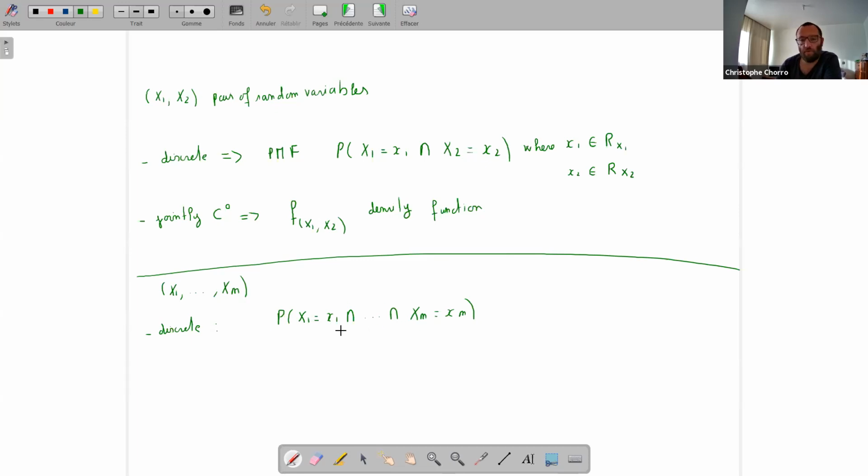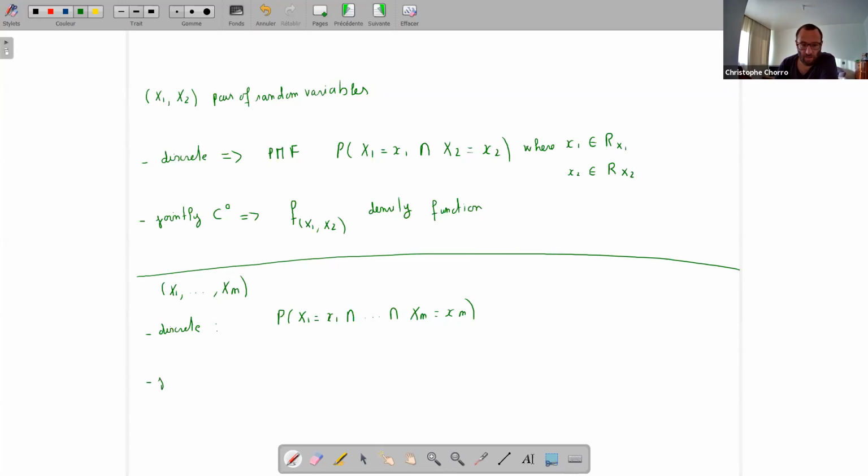So this one for each x1, ..., xn belonging to the corresponding ranges, okay? And I know that I am able to recover from the probability mass function of the n-tuple, using, for example, the law of total probability, the probability mass function of each component here doing partial sums.